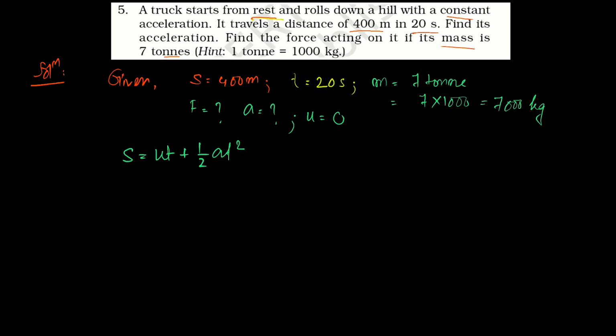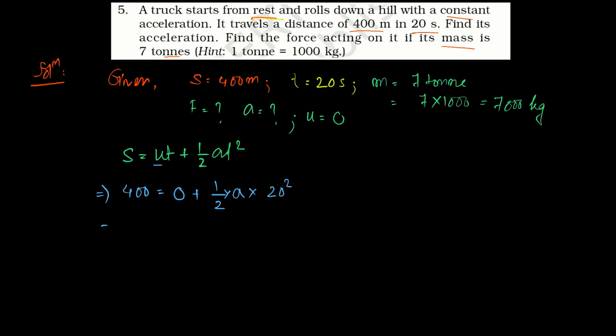Now we will put down the values. s is given as 400. Since u is 0, the whole term ut is 0, plus half of a, which we have to calculate, times t square, where t is 20 seconds, so 20 square.